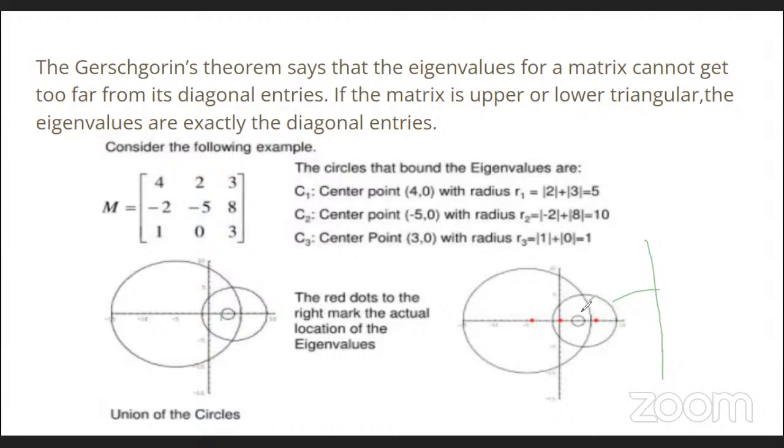So this is just telling us that the union of these disks is going to lie in D1 union D2 union D3. I don't know if you understand what I'm trying to explain from this. It's telling us that the eigenvalues are going to lie in one of these disks.